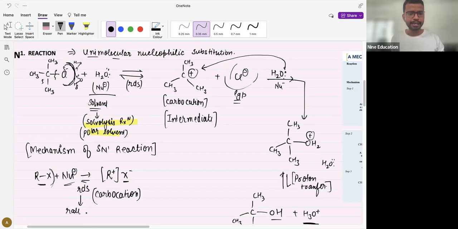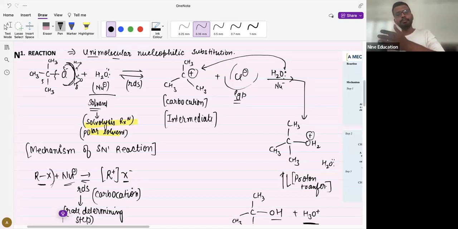RDS, rate determining step. Rate determining step of the reaction. Rate determining मतलब this step is the most important step to do. पहले ये step होगा, then only the reaction further will proceed, है ना? So this is only the main determining step where we have to form carbocation, है ना?